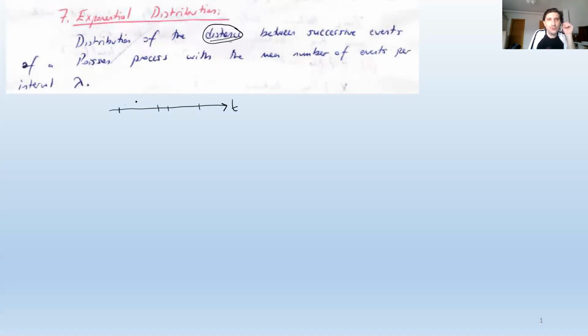And if you take a certain period of time t, then you may ask the question, what's the probability of having n calls during time t, and that number of calls will be Poisson distributed. The exponential distribution is going to be concentrating on this process, but what it is trying to find is not the number of calls, but the distance between two calls.